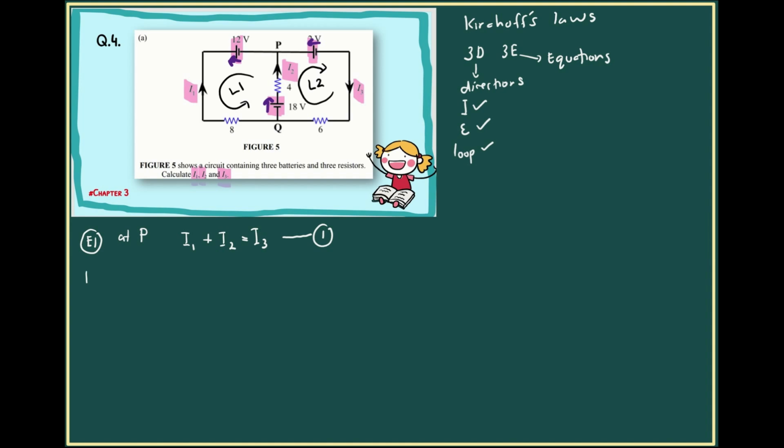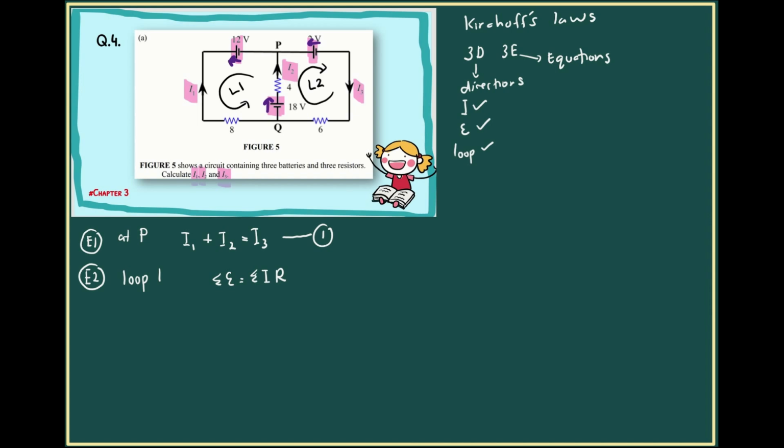To get the second equation, we choose one of the loops, let's say loop 1 first. We apply the second law: summation of EMF is equal to summation of IR. We have to always compare the direction.